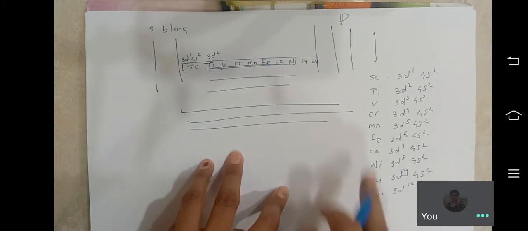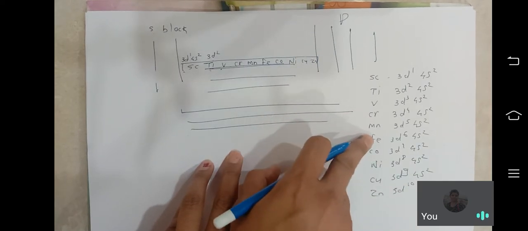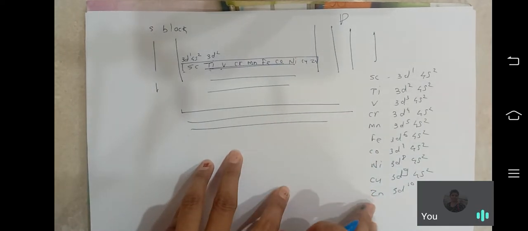Okay, the atomic numbers of scandium, titanium, vanadium, chromium, manganese, iron, cobalt, nickel, copper, and zinc.